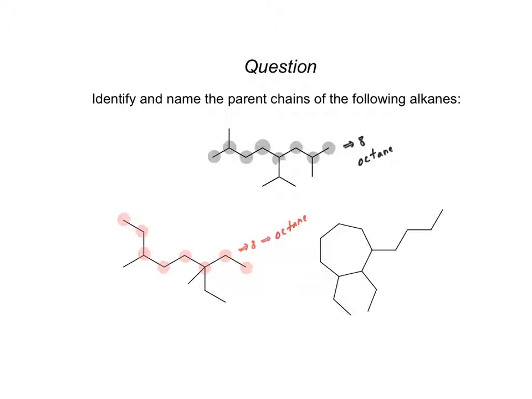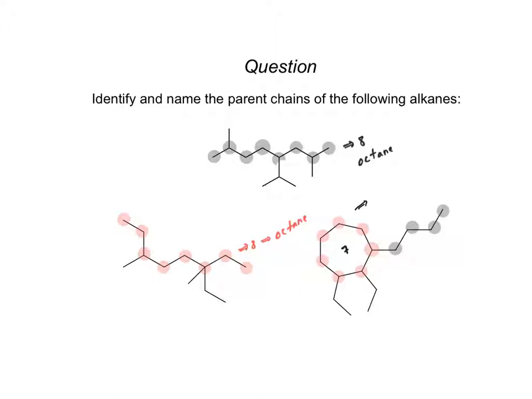Okay, so then finally, we've got a ring here, and the ring has 1, 2, 3, 4, 5, 6, 7. So the ring itself is either going to be the parent, or it's going to be one of the chains off the ring. For the chain off the ring, we only have 1, 2, 3, 4. So because the ring has 7, that's going to be our parent chain.